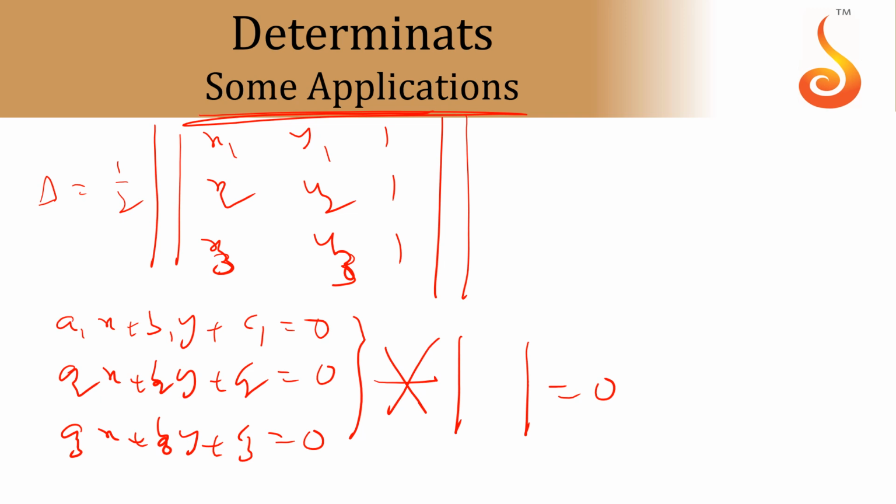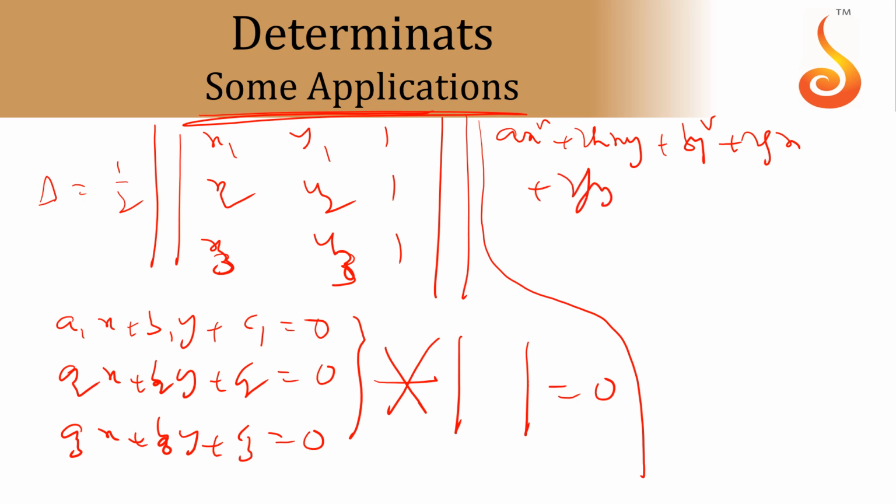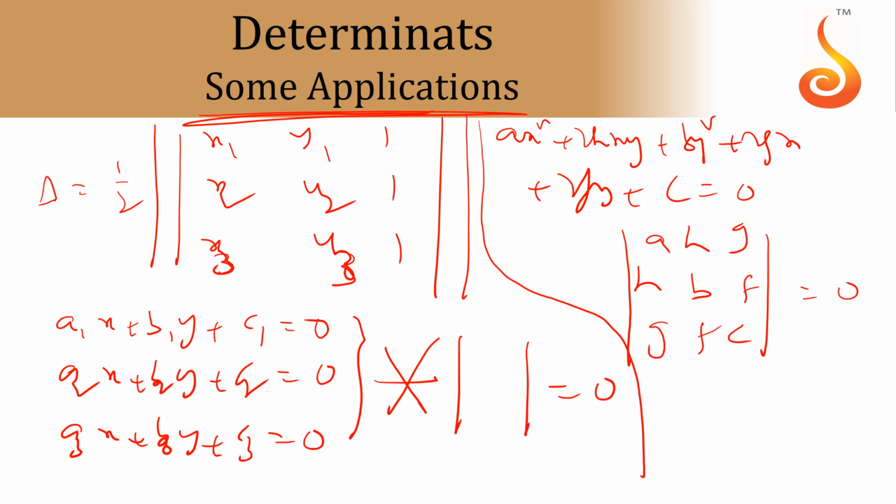And similarly, I think you know a second degree non-homogeneous equation, ax square plus 2hxy plus by square plus 2gx plus 2fy plus c. If it has to represent a pair of straight lines, there is a determinant which should be 0: a, b, c on the principal diagonal, and f, g, h. So it is a symmetric matrix.